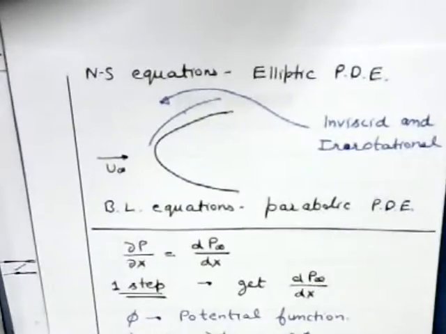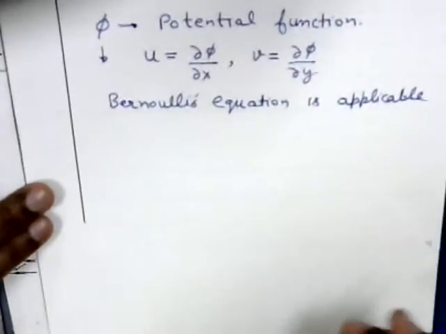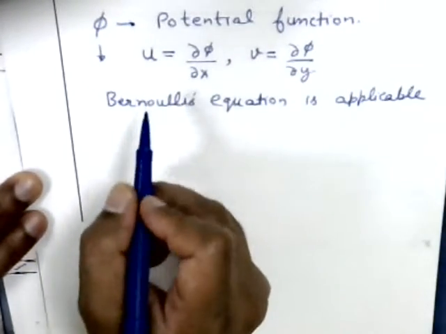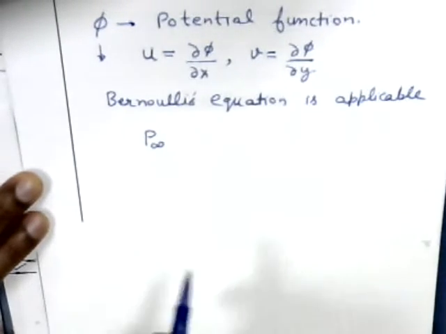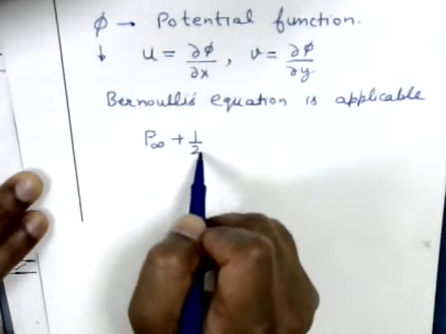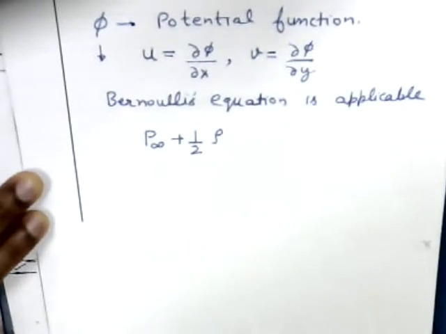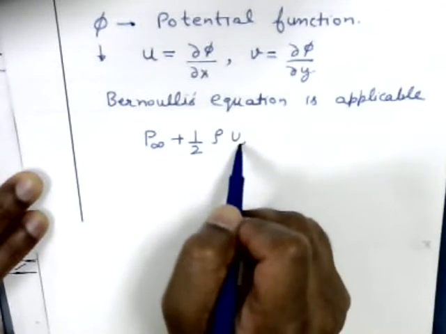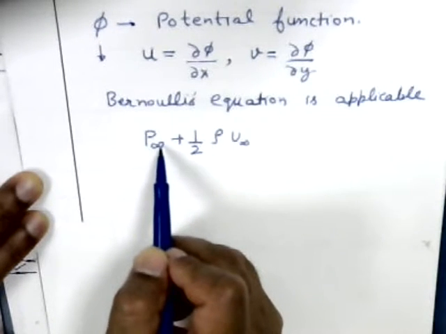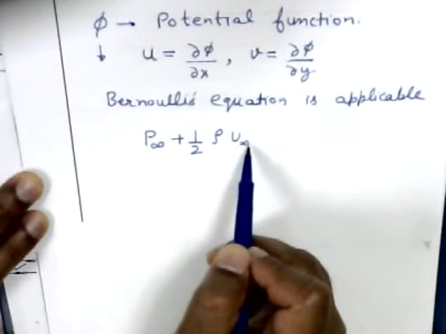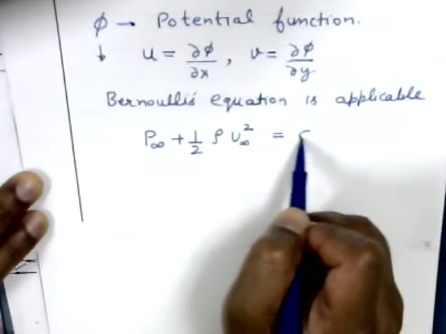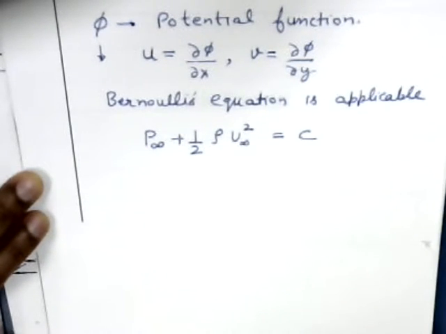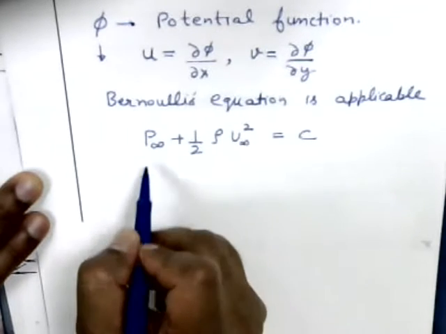So Bernoulli's equation is valid, and that equation will be, if I write like this, P infinity plus half rho u infinity squared, and P infinity is a function of x and u infinity also is a function of x. So this is a constant. Okay, that is Bernoulli's equation, and we can differentiate this.